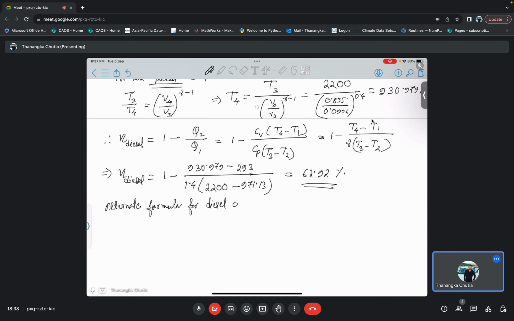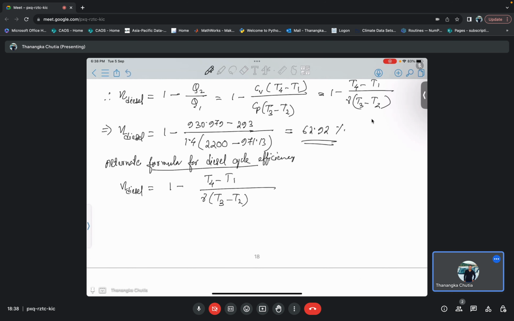Alternate formula for diesel cycle efficiency. So till now we know that eta diesel is equal to 1 minus (T4 minus T1) by gamma into (T3 minus T2).